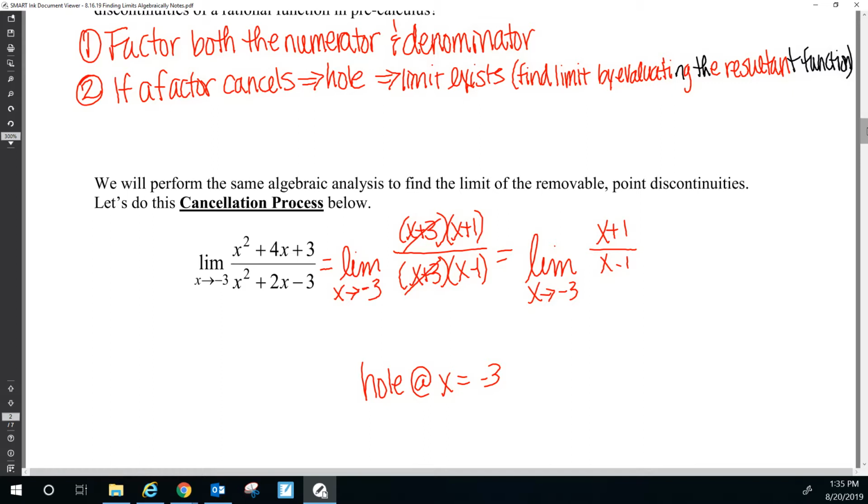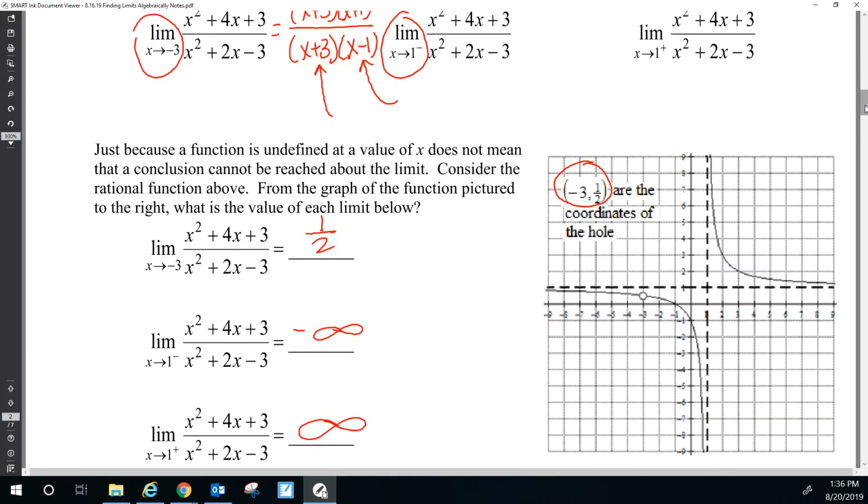There's a hole at negative 3, and we can find the limit of the function as it approaches the hole by plugging in negative 3 into the resultant fraction. So negative 3 plus 1, negative 3 minus 1, that's negative 2 over negative 4, which becomes positive 1/2. And as we saw in the graph, the hole here is at negative 3, 1/2. So that's what we do when we have holes.